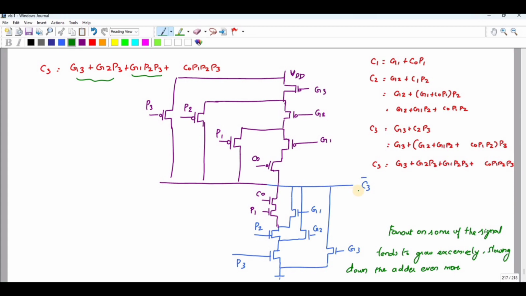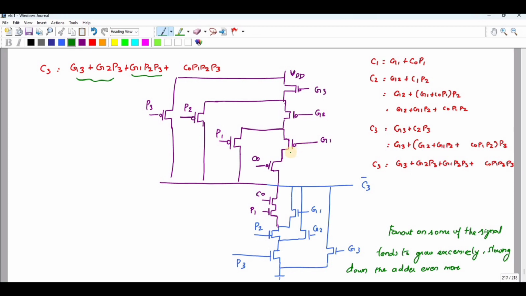Similarly, for the pull-up network, C0 and P1 are in series, so I have drawn them in parallel, and C0 and G1 are in parallel, so I have drawn them in series.